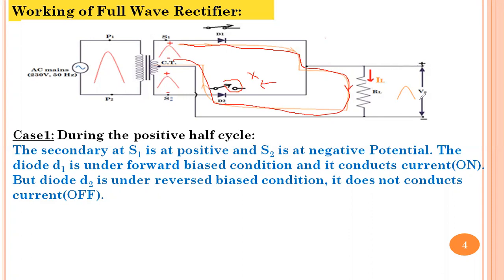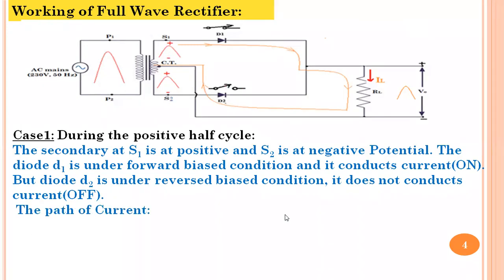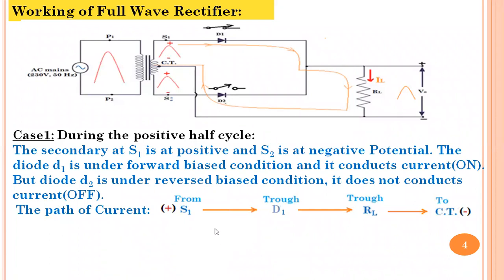We will get the DC output across the load given by the formula current into resistance, that is well known to you. So we will get DC rectified output. The path for the flow of current is here; we'll trace it once again. It starts from the plus voltage present at S1 and ends on the minus voltage present at the center tap terminal across the upper winding.